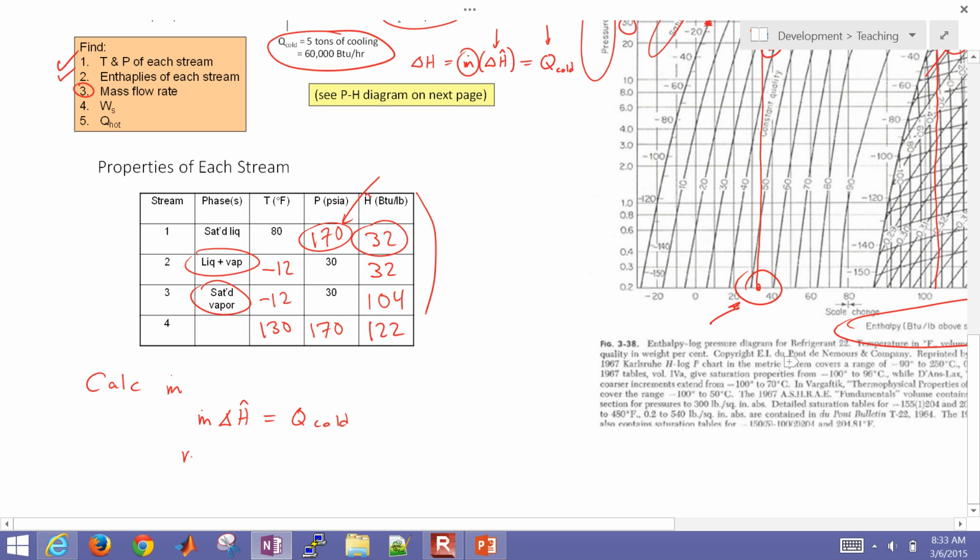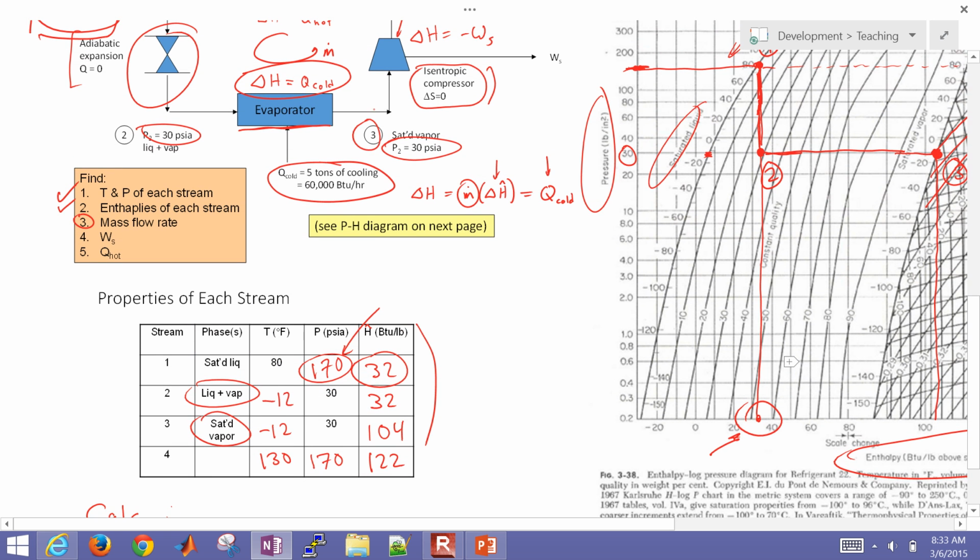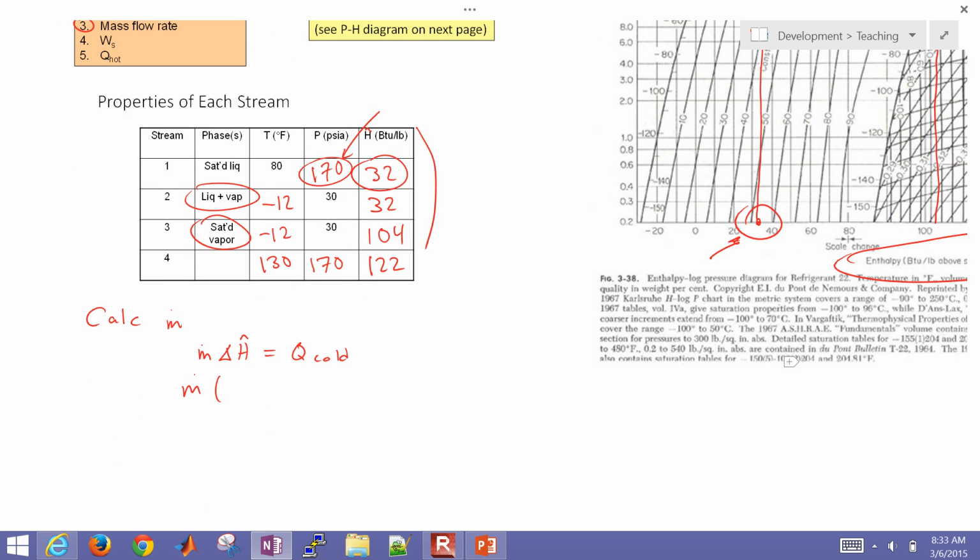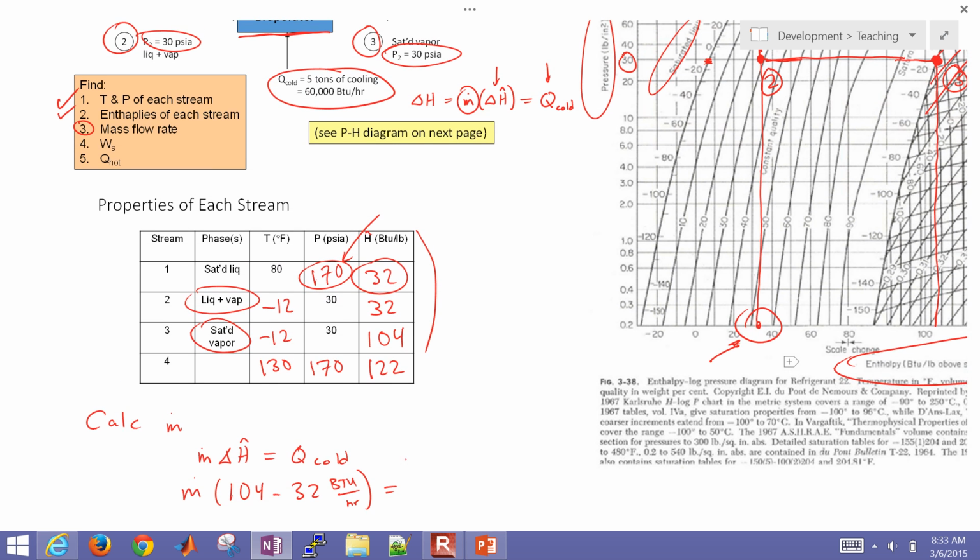Okay, so m dot times, okay, now we got to look at the difference between 3 and 2. So that's going to be 104 minus 32, and that's BTUs per hour. Okay, equals, and then we had 60,000 BTUs per hour.